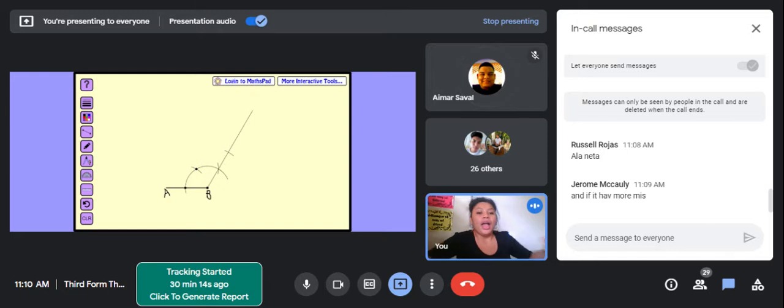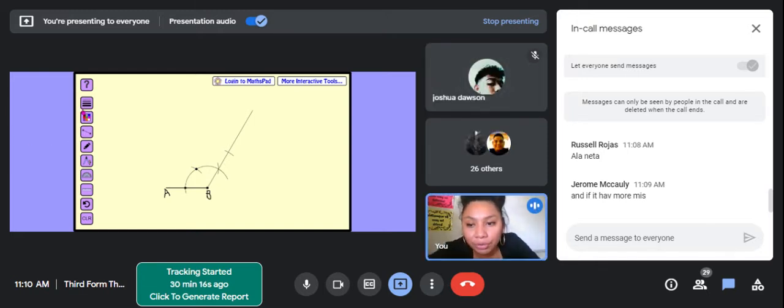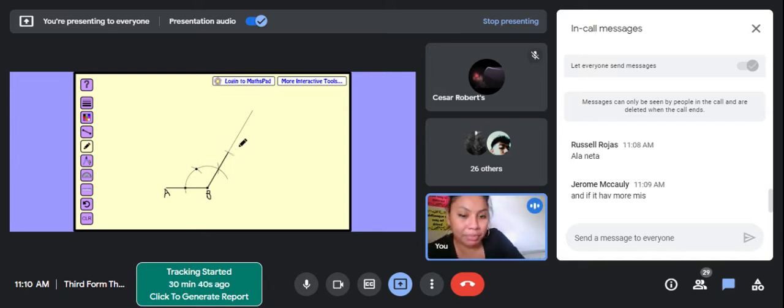And then with your ruler and pencil, you are going to draw this line. Make it brighter. 3.5. Right here, see where my bright line finishes? Right on the arc, it does not pass the arc. And this is going to be point C.